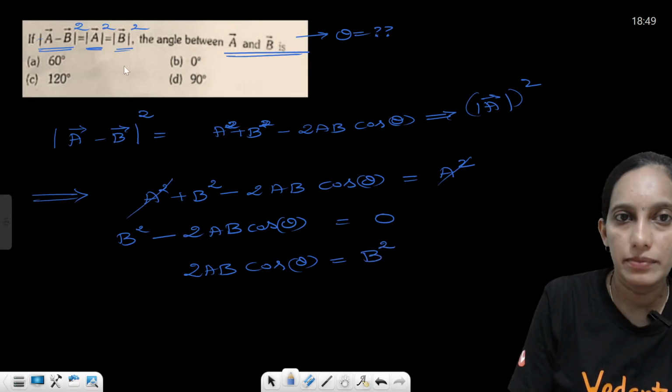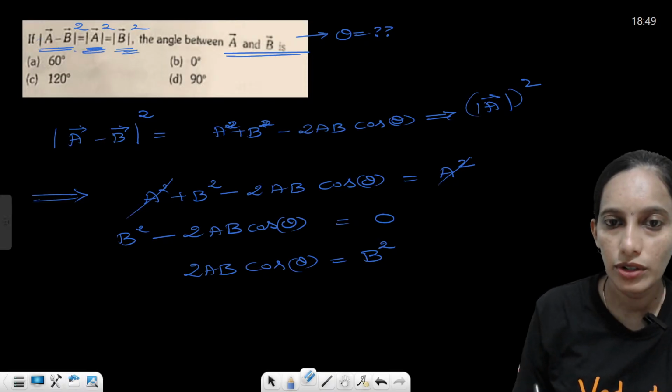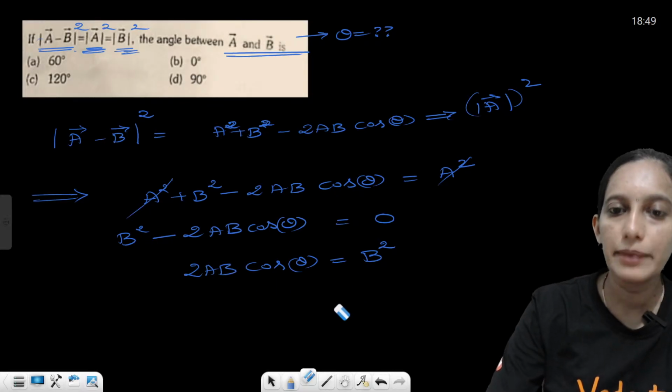So ಇಲ್ಲಿ again ಏನು magnitude of A is equals to B ಅಂತಿದೆ ಅಲ್ಲ. So what we can do? We can replace this B by A or A by B, correct?